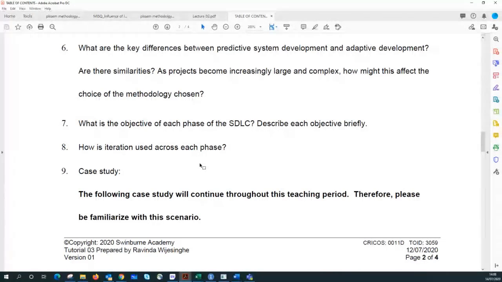Iterations are used to repeat the 6 core processes over and over again, because we need to identify required functionality and any other functionality in the development environment. That is the main reason we use this iterative approach, and also to identify risks.